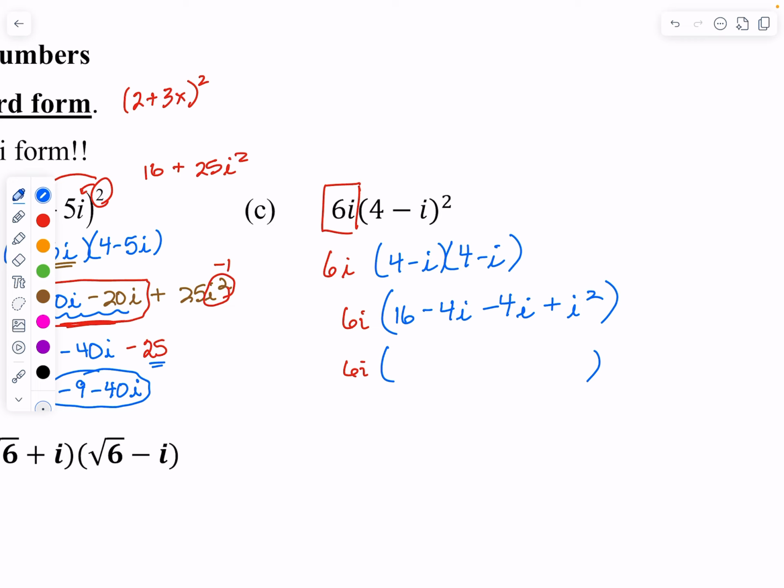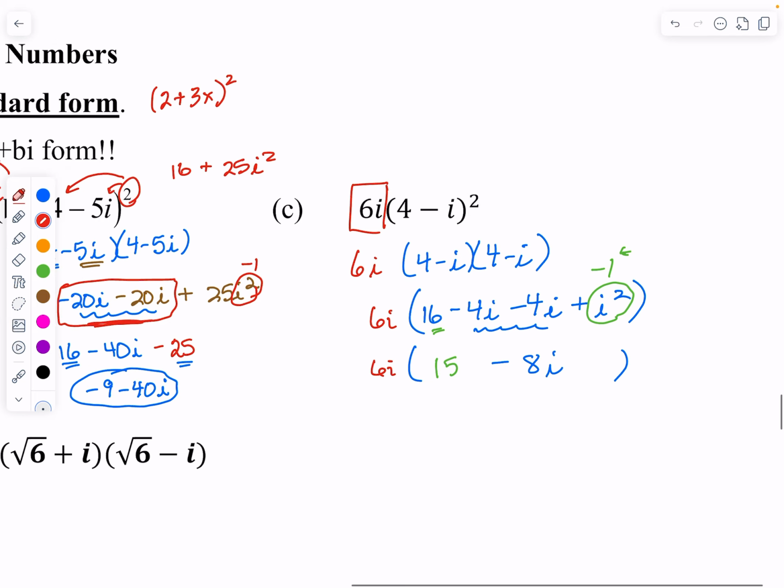So that winds up being 16. Notice, if it's okay with you guys, I'm going to go ahead and say, I know that's a -1. So 16 minus 1 is just going to give me a 15 there. And then combine those guys. So that gives me minus 8i. And then finally, I'm going to distribute my 6i.